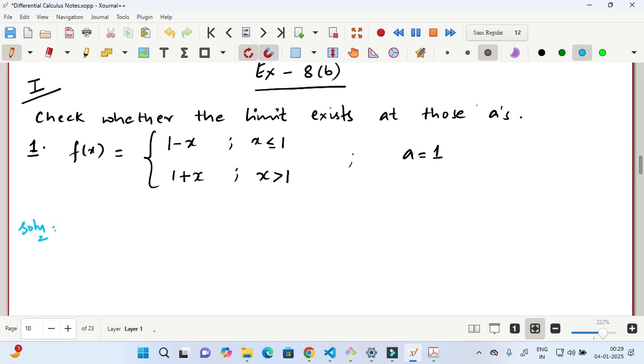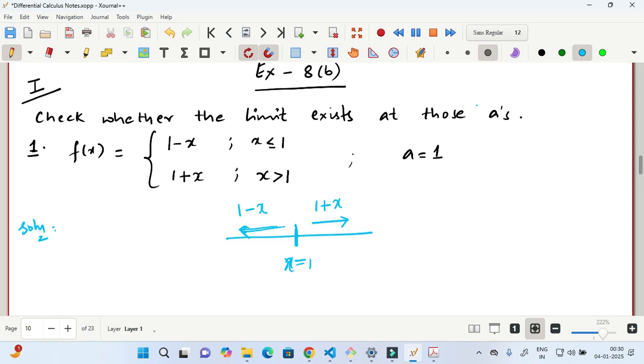He has given f of x equals 1 minus x when x is less than or equal to 1. So for 1 minus, the value of the function is approaching from the left hand side of the point 1. Suppose this is a line, and this is x equals 1. At x equals 1 the functional value exists. When x is less than 1, the function is 1 minus x, and when x is on the right side of 1, the function is 1 plus x.